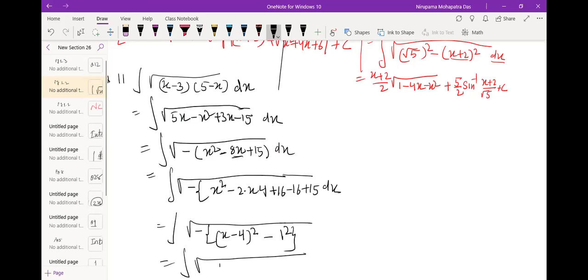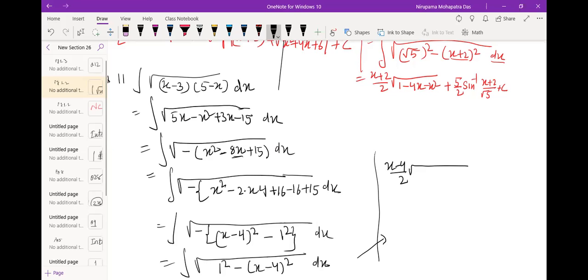So actually you are getting 1 square minus of x minus 4 whole square. Now you are getting it in the form of under root a square minus x square. Now the answer will be: x by 2 means x minus 4 by 2, into square root of a square minus x square, means 1 square minus of x minus 4 whole square.